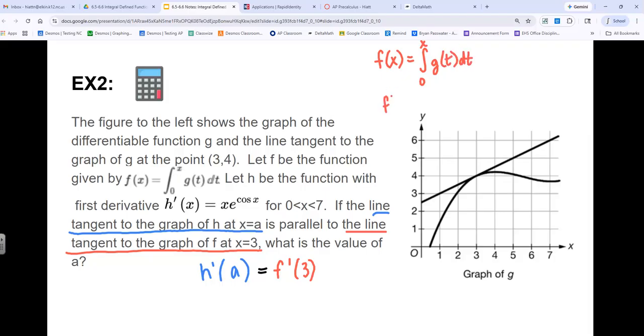We need f prime of x. What is f prime of x? This is g of x. So if I'm trying to find f prime of 3, that is just g of 3. What is g of 3?